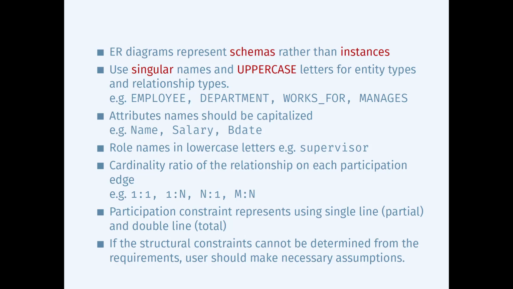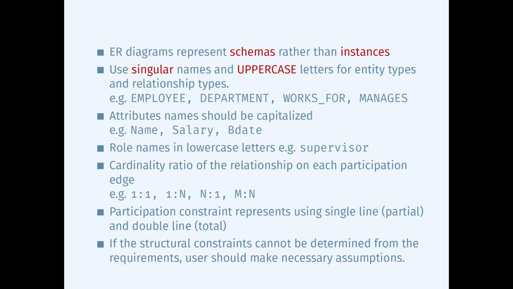So there are some recommendations. I want you to also use these ideas. Use singular names, and use uppercase letters for entity types and relationship types. You can notice we have used EMPLOYEE and DEPARTMENT in all uppercase letters. Those are entity types.